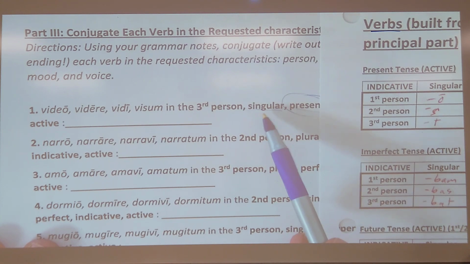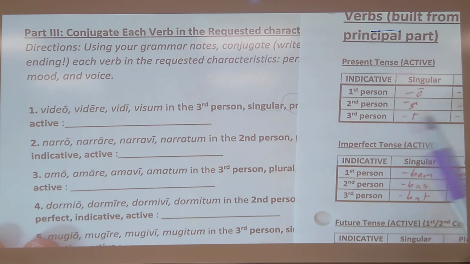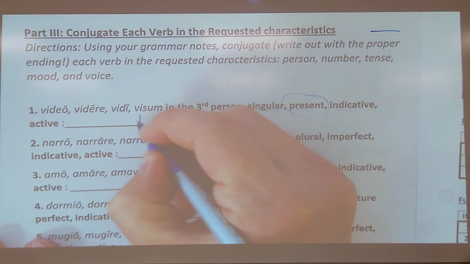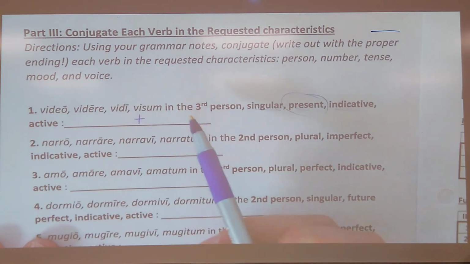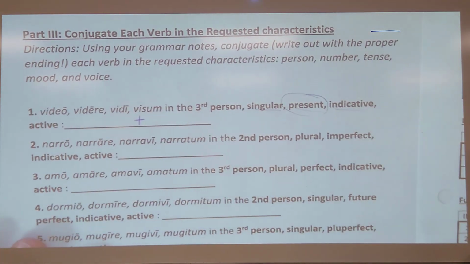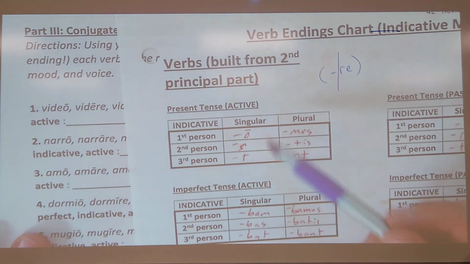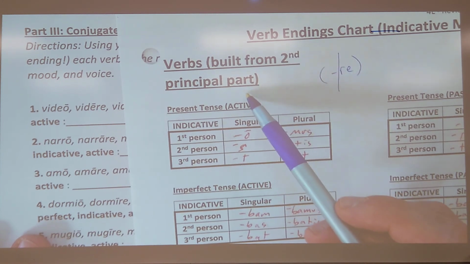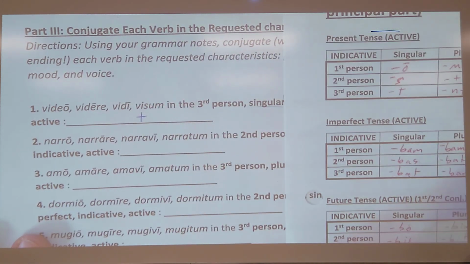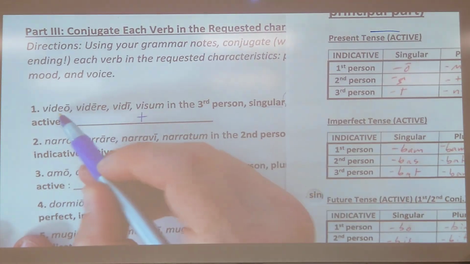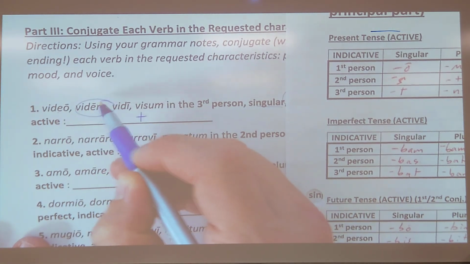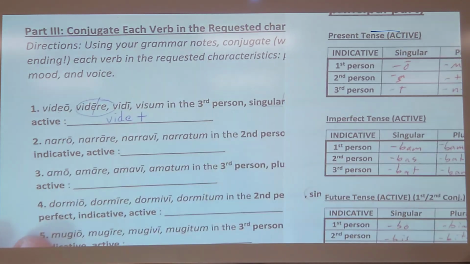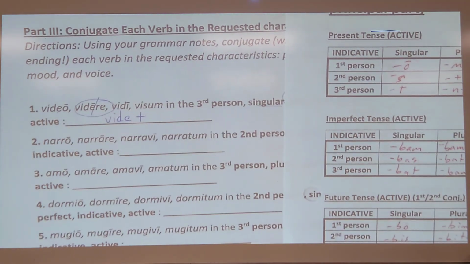Third person singular. So we know our ending is going to be T. So we can actually write that in. It's sort of backwards, but we can write that in so we won't forget. And now we just remember that for verbs in the present system, we go to the second principal part, chop off the RE, and then add the ending. So first, second principal part, chop off the RE, and widet is our verb.